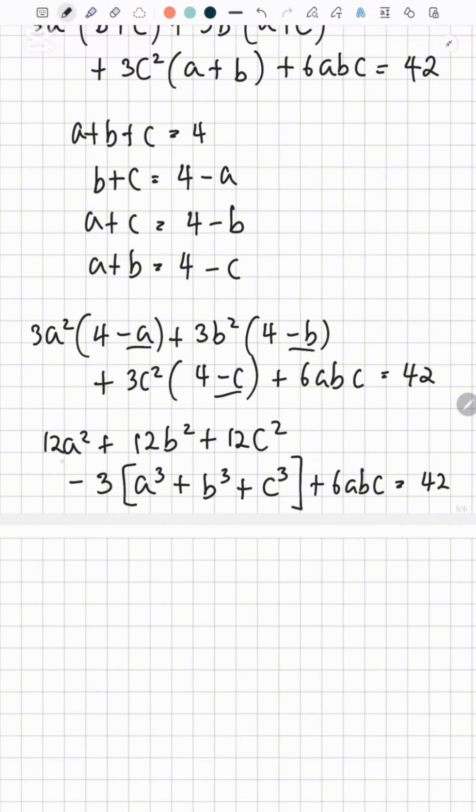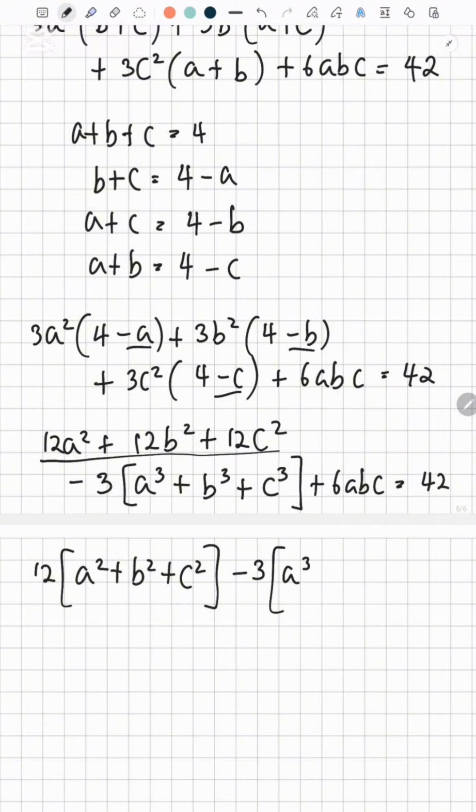So for this section, I'm taking 12 out. I'm writing a squared plus b squared plus c squared, minus 3 into (a cube plus b cube plus c cube), plus 6abc equals 42.